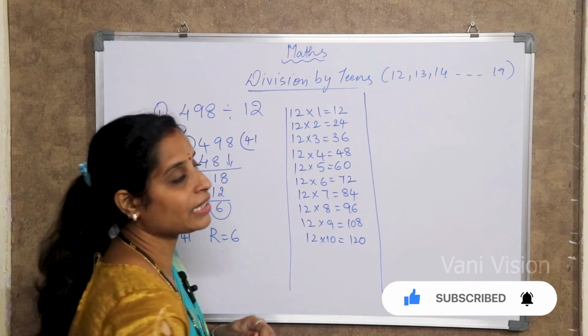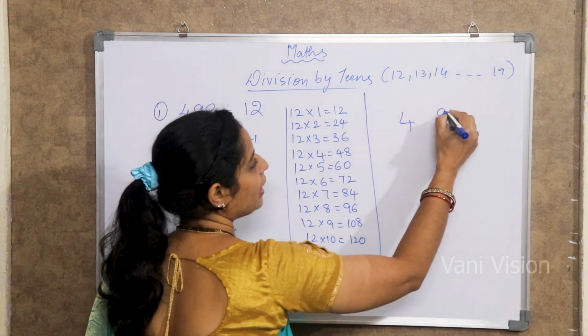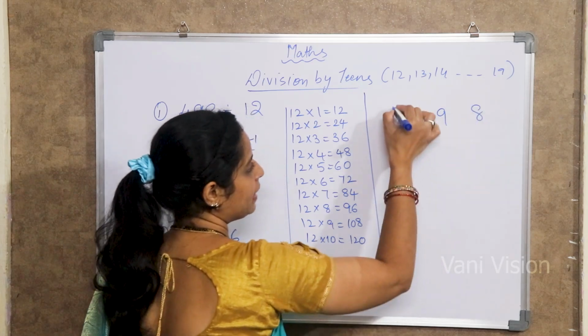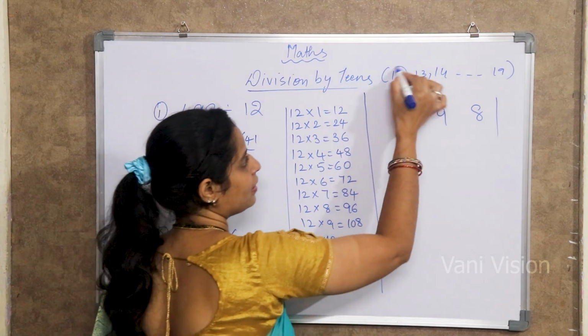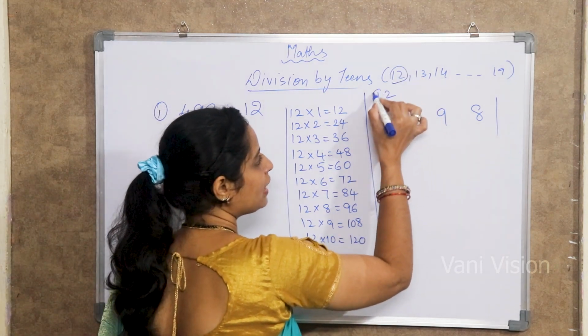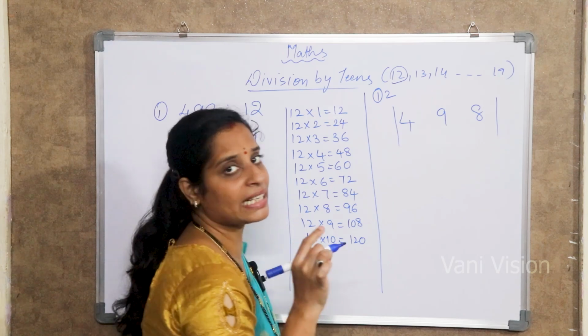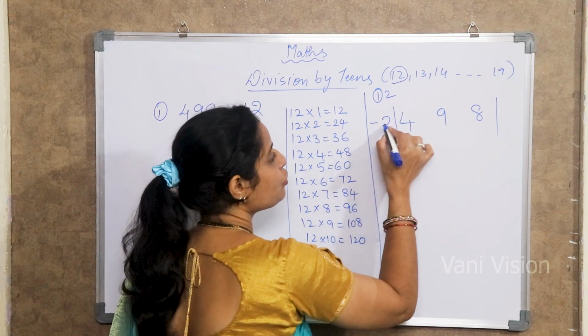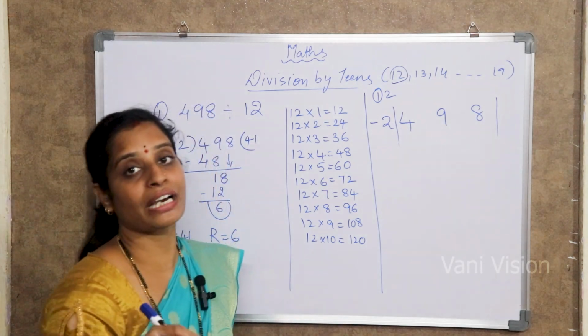Now see the trick behind the 12. First of all, you should write 4, 9, 8 separately like this. Now 12: in the tens place we have 1. That 1 we take as minus 2. Minus 2 we are going to consider.